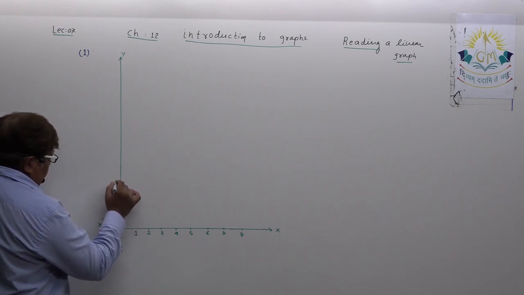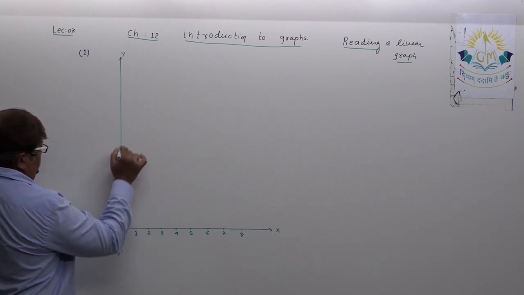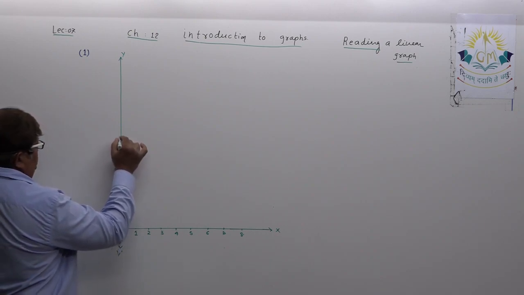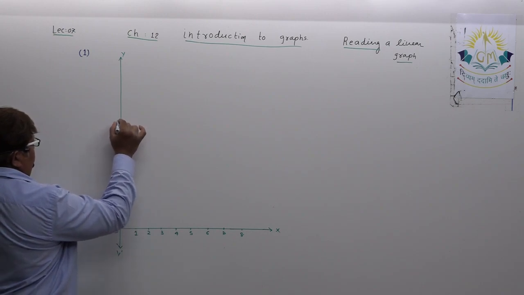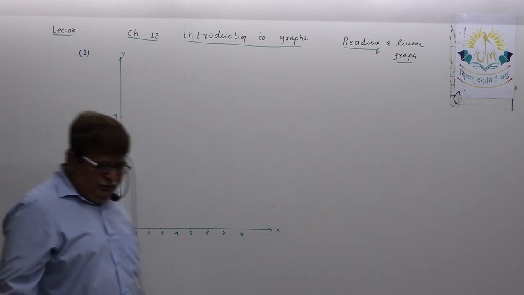These are already given data when you draw the graph. Positive y coordinate. I am just writing till this only.